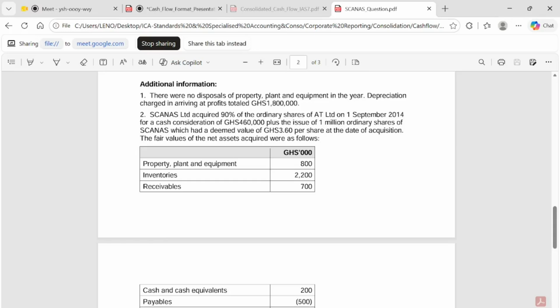Now, there were no disposal of property, plant, and equipment in the year. Depreciation charge in arriving at profit total 1,800,000.